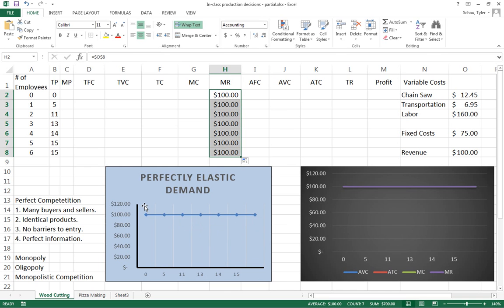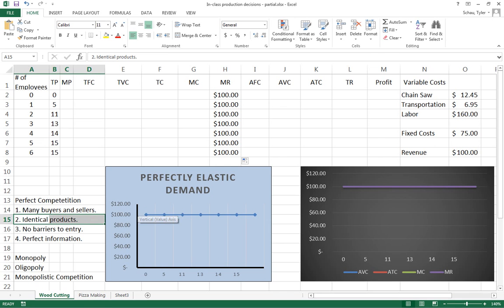The reason you can't charge $120 for your firewood is because there's a whole bunch of people buying and selling this product, and the people that are selling it are selling the same thing. So if the market says the price is $100, and you try to sell your product for $120, since everyone else that's producing firewood has the same thing, customers are just going to go and purchase it from them for $100.